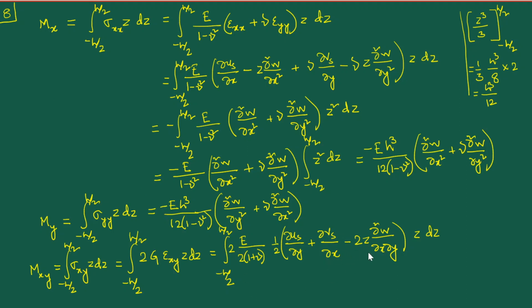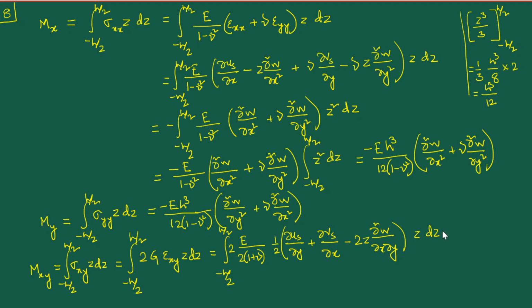Now coming back to this thing, you see this 2 cancels with this 2, this 2 cancels with this 2. These two terms vanish, and ultimately what we are going to have is again this kind of an integration, because this z multiplied with this z gives a z square dz, and this term, note, del square w del x del y, is just independent of z.